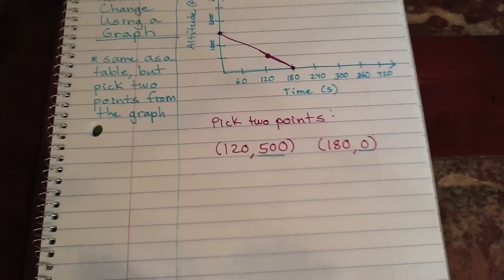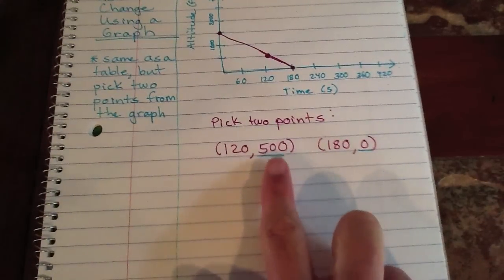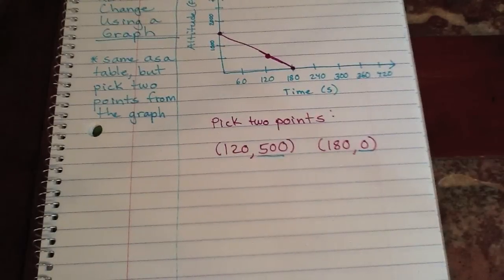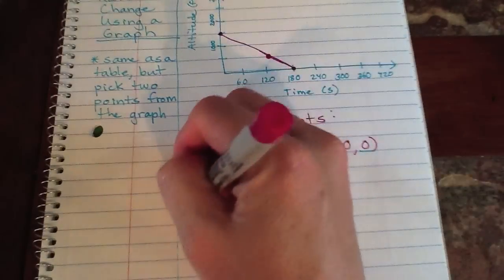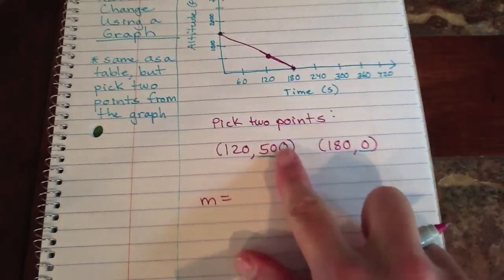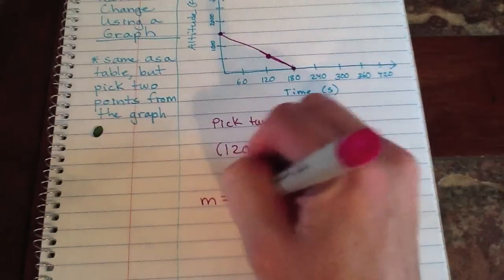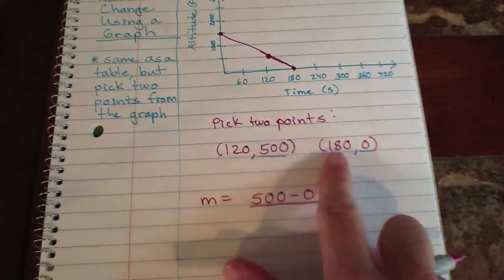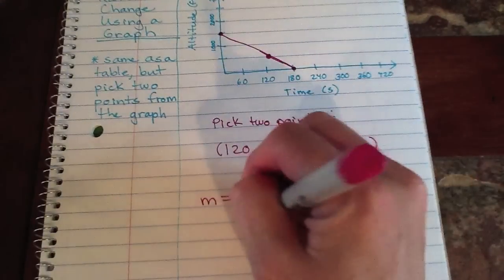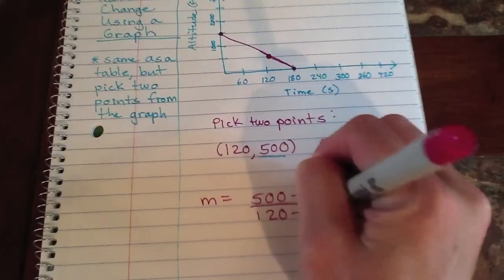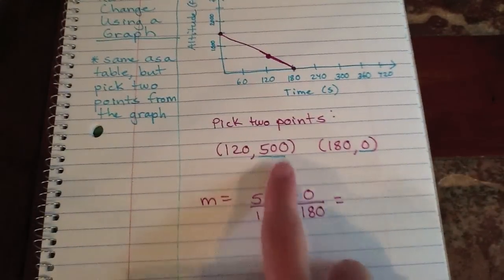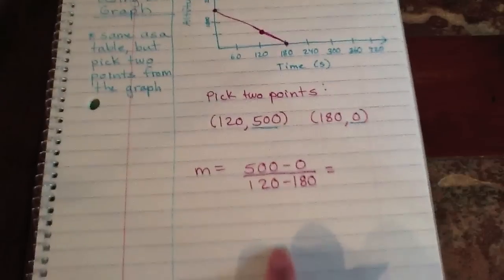So now, just like we talked about a minute ago, your choice. You can choose 500 minus 0 or 0 minus 500. Doesn't matter. M equals, I'm going to go ahead and choose 500 minus 0 over 120 minus 180. Remember, you have to choose the same x first that you chose the y first.